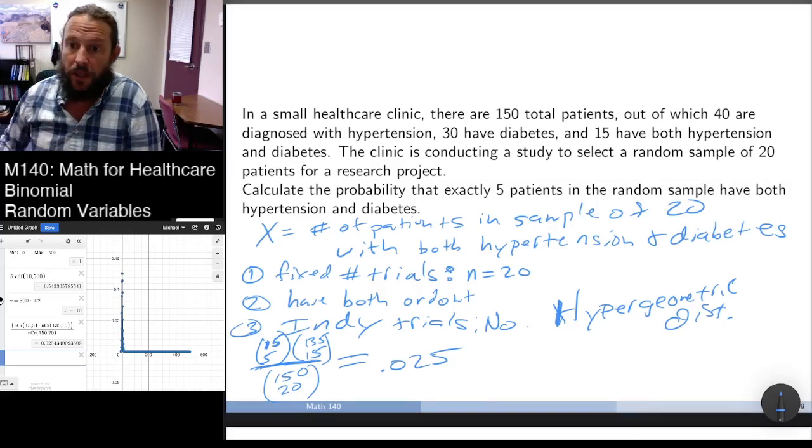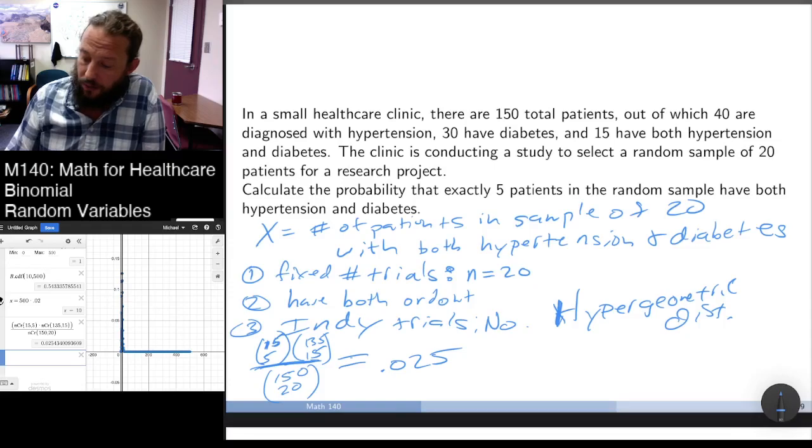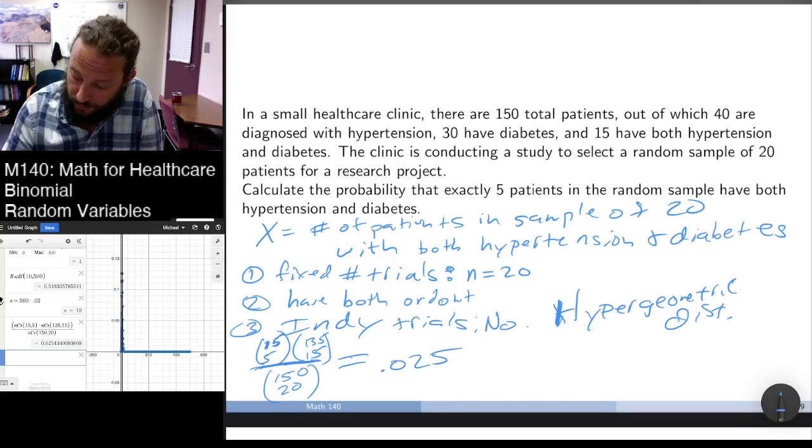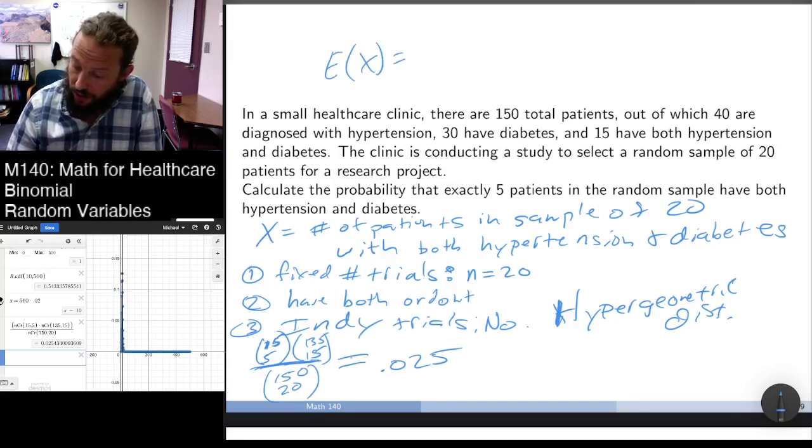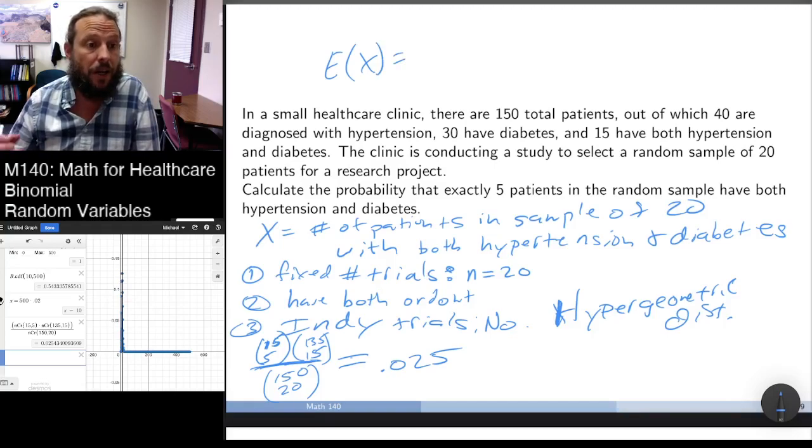So that'd be a lot of work. But it turns out, when we find the expected value of a hypergeometric, we can do it very similarly to how we do the binomial expected value. Here we can find it by the number of trials times the probability of success on the first one.